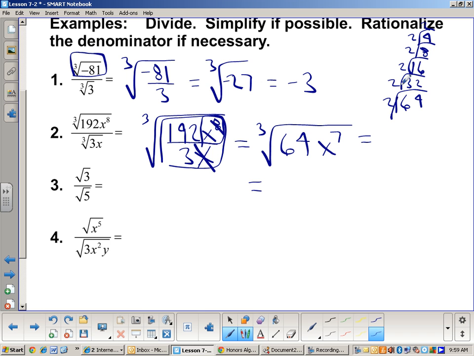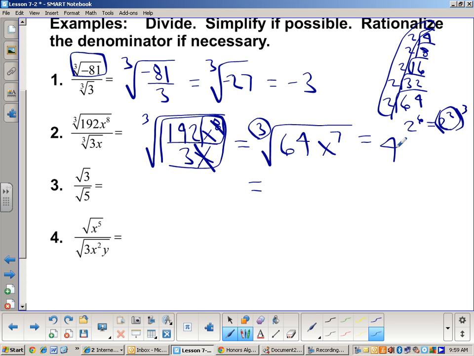So how many 2's are there? 6 of them, which is 2 squared cubed. The cube root of 2 squared cubed would be 2 squared, which is 4.